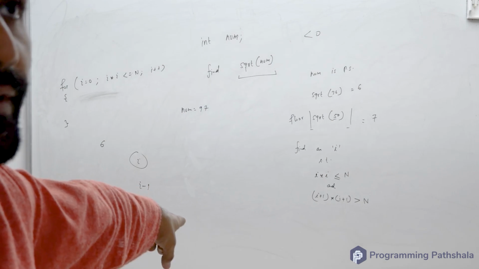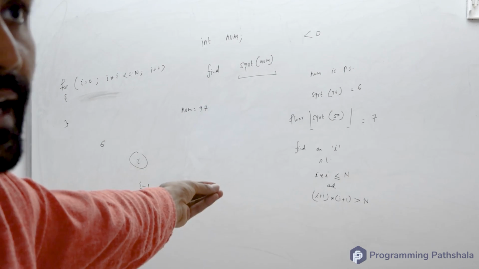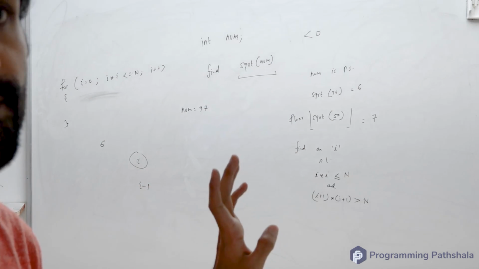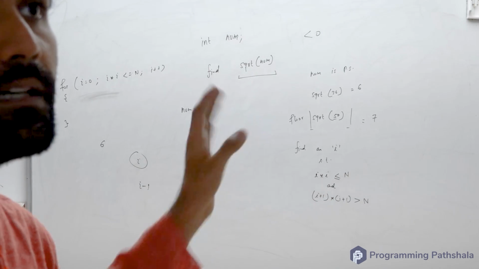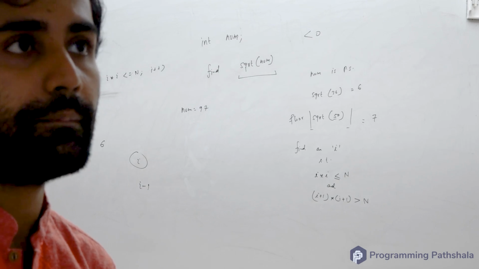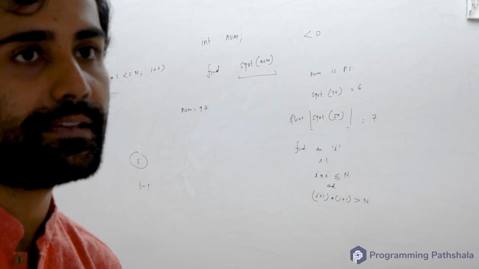This is what you are trying to find, right? Such that I into I is smaller than equals to n, and I plus 1 into I plus 1 is greater than n. That I will be the square root of the number num. You can just think it, guys. I think this is very easy to understand, right?